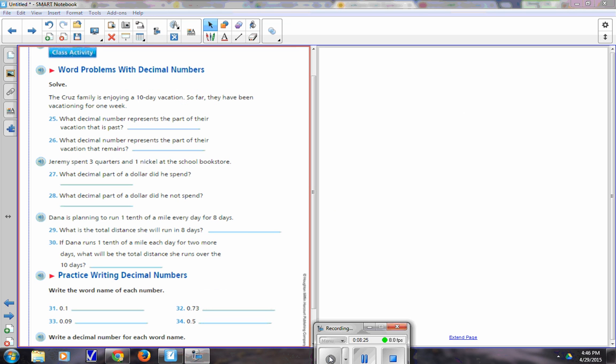So now we're going to look at some word problems and see if we can't figure these out. The Cruz family is enjoying a 10-day vacation, and so far they've been vacationing for 1 week. What decimal number represents the part of their vacation that has passed? So if I'm looking at 10 days, how many days are in a week? 7.